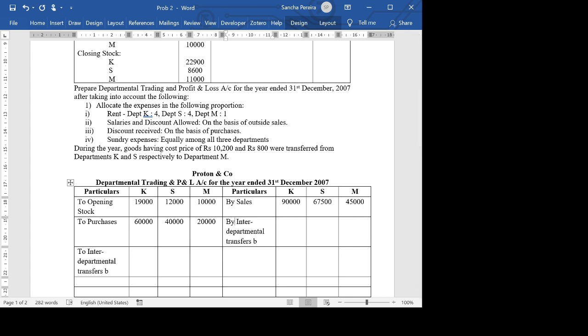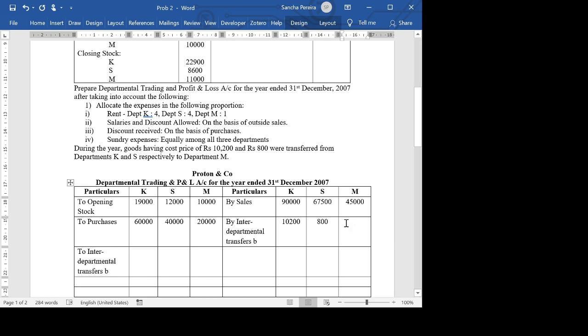Now I need to see which department has transferred. If you see here, goods having cost price rupees 10,200 and 800 were transferred from K and S respectively. So K and S are transferring to M. For K it's like sales, goods are going out. K is transferring 10,200. S is transferring 800.